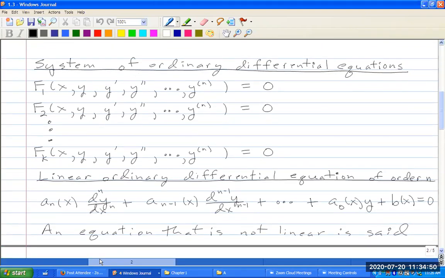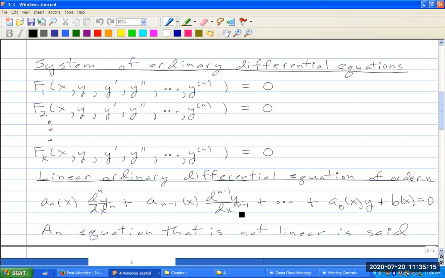A linear ordinary differential equation of order n. Well, a sub n times the nth derivative of y, plus a sub n minus 1 times the n minus first derivative of y, plus dot, dot, dot, a sub 0 times the 0th derivative of y, so just y, plus maybe b equals 0.